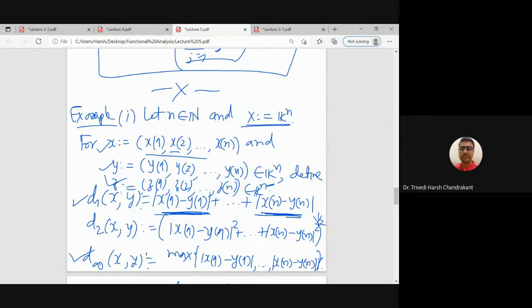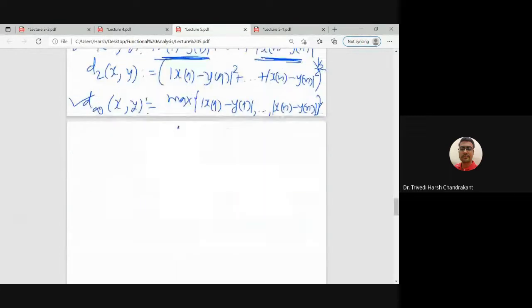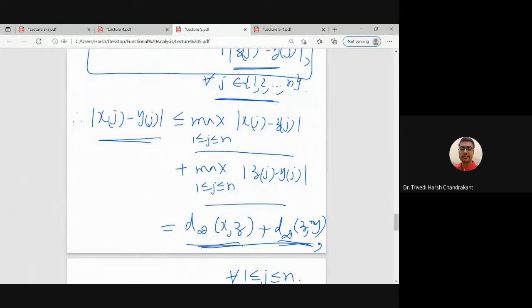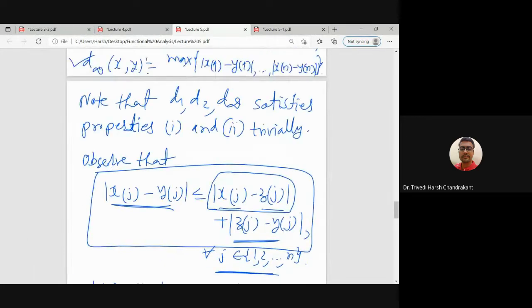So if we fix some coordinate j, then |xj minus yj| is less than or equal to |xj minus zj| plus |zj minus yj|, because xj, yj, zj are either real numbers or complex numbers. So for real and complex numbers we have the triangular inequality.